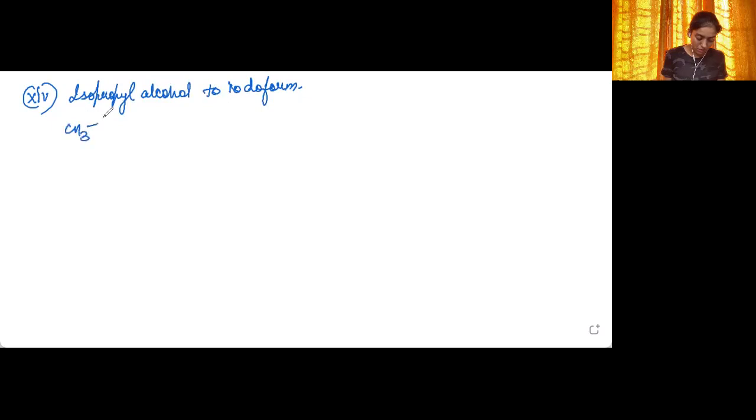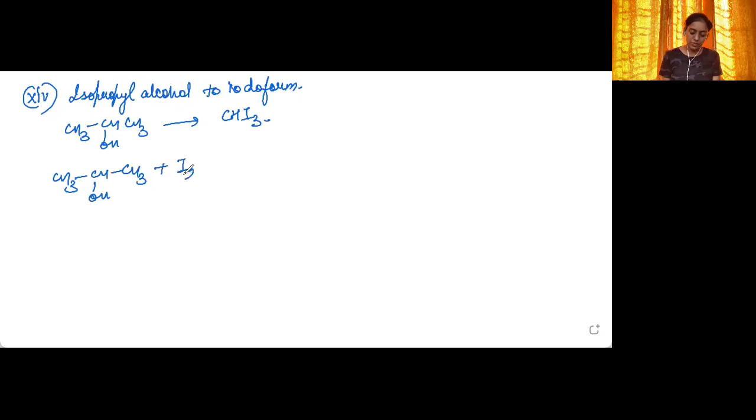You need to memorize it. You need to convert it into iodoform, CHI3. It is actually a test which is known as the iodoform test. So how to do this? We will be treating this alcohol, that is the isopropyl alcohol, with iodine in the presence of NaOH.